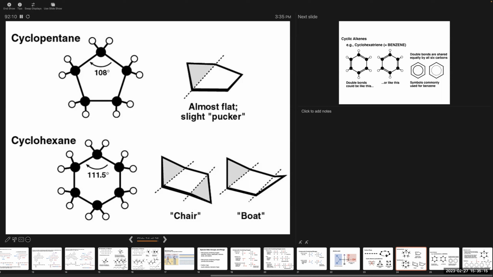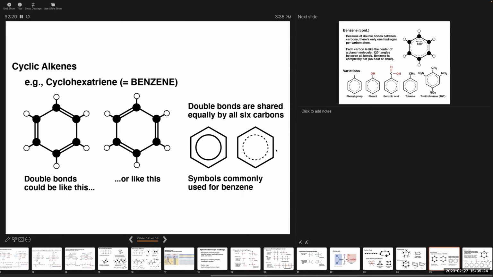All right, so these are all cyclic alkanes, so rings of carbons connected with single bonds. There are also cyclic alkenes, where you have double bonds between the carbons. Now, you could have a cyclic alkene that has just 1 double bond in it, but a very common component of biological molecules is what's called cyclohexatriene.